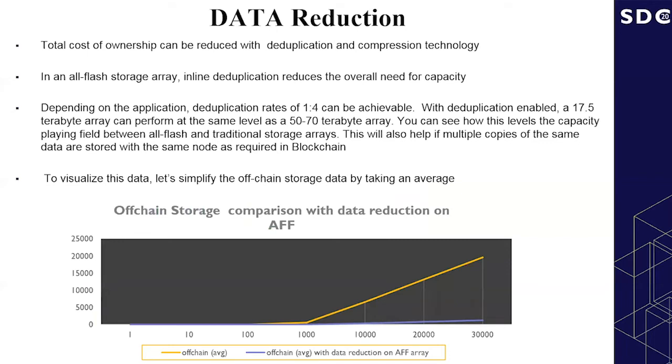Coming to the slide on data reduction, we'll see here why in off-chain storage we need to have storage arrays with data reduction capability. Data is getting generated at a rate that exceeds the growth in storage capacity.